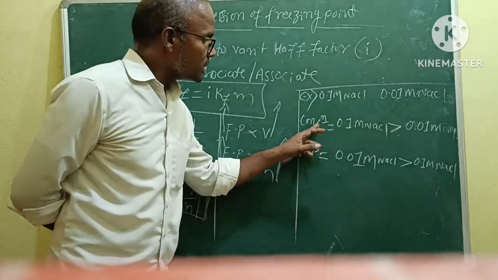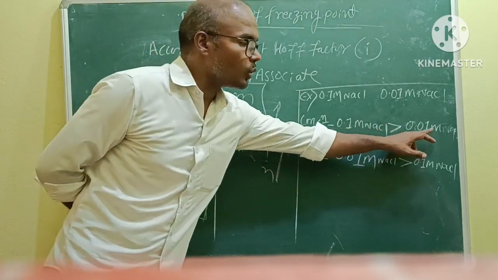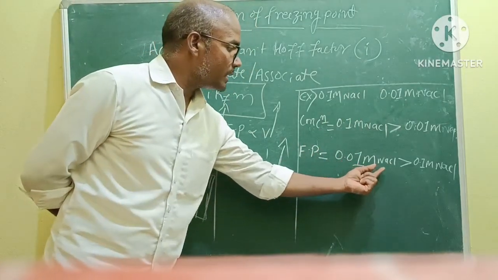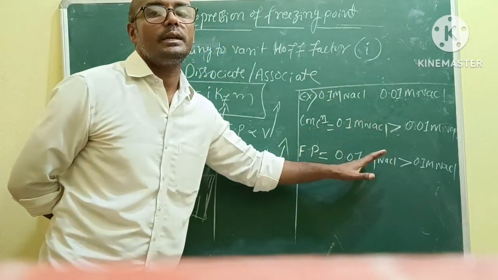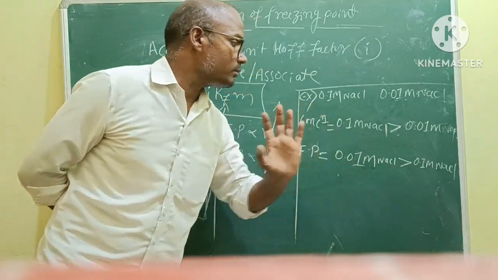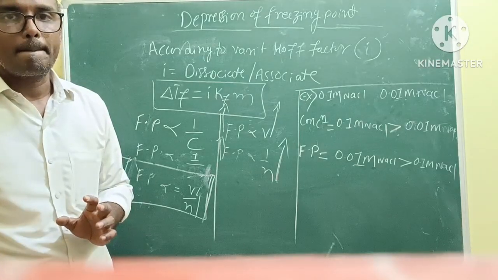When we compare the concentration, 0.1 molar is more concentrated than 0.01 molar. When we compare the freezing point, 0.01 molar NaCl has a higher freezing point than 0.1 molar.